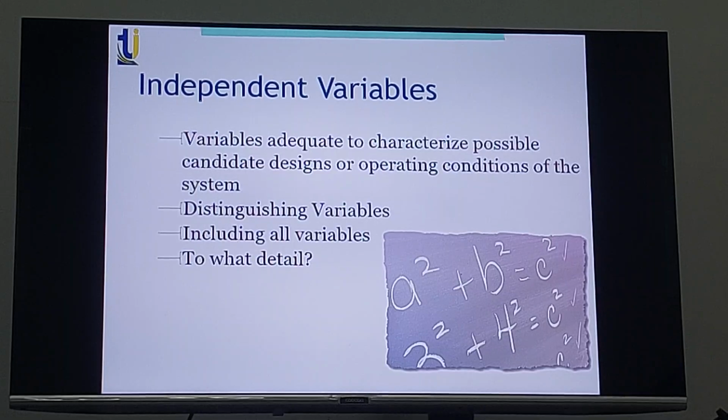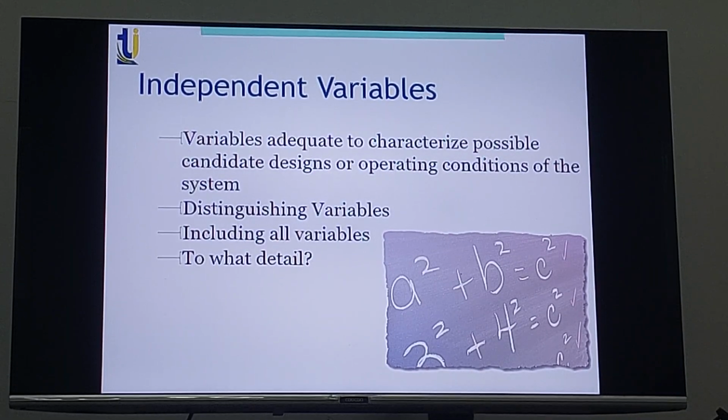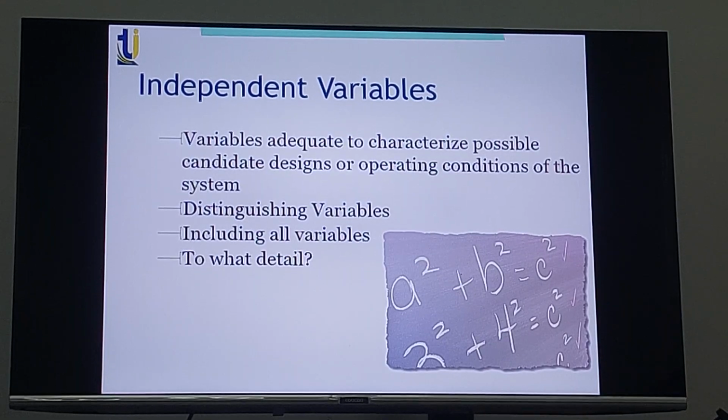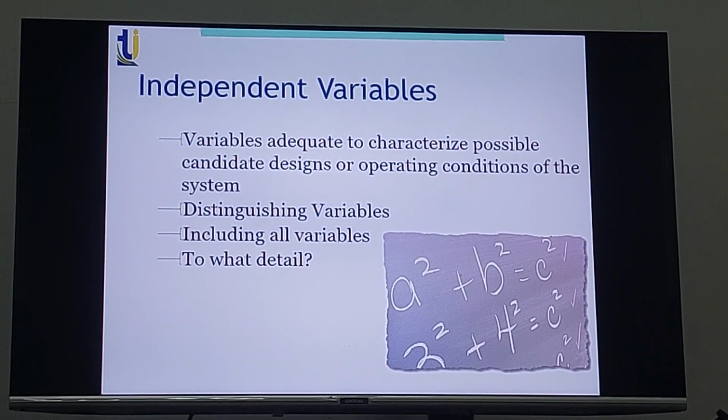Those, for example, are independent variables. But the number of products being made is dependent, because it depends on the number of people, the number of machines, and the number of raw material. So that's dependent. Okay. So you need to be able to separate which one is independent, which one is dependent.